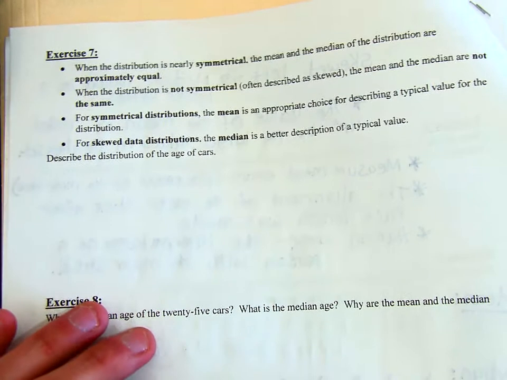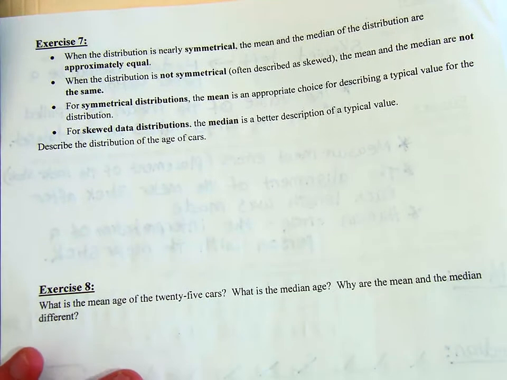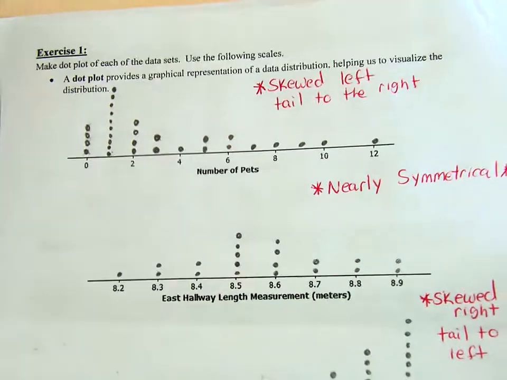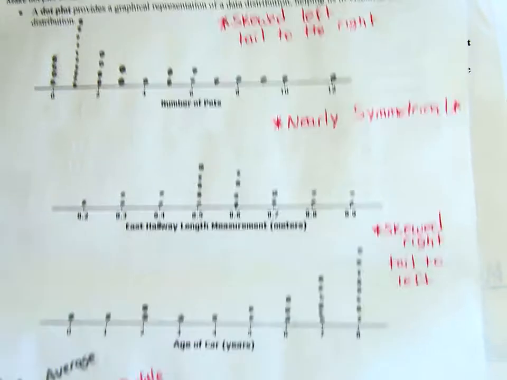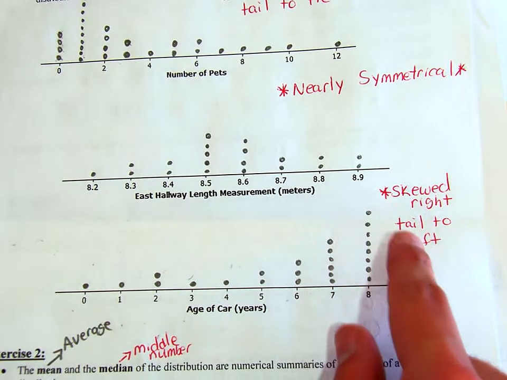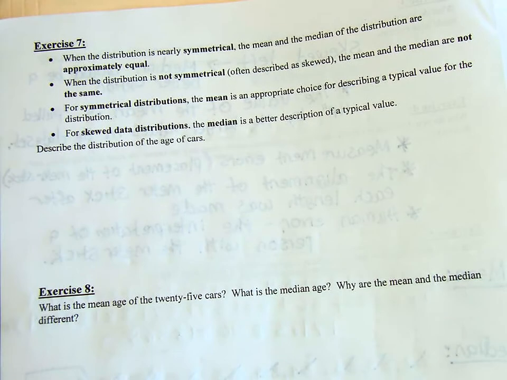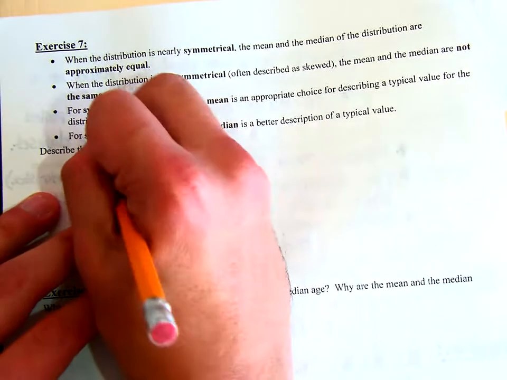So they want us to describe the distribution of the ages of cars. And we know from looking at our data earlier that the age of our cars is skewed to the right, with the tail to the left. So, how can we describe it? The exact same way.